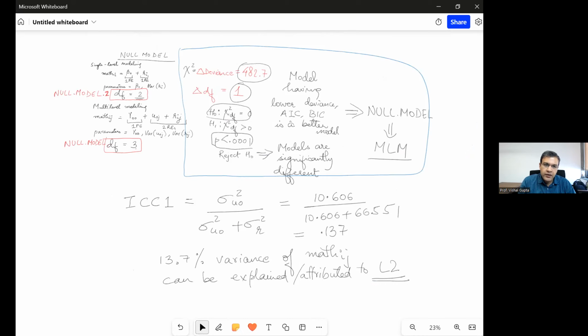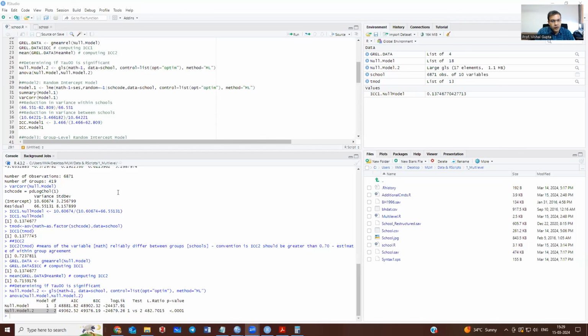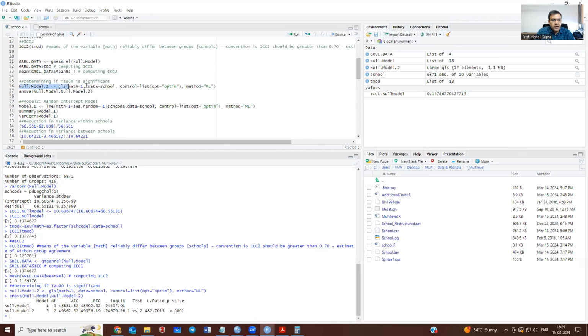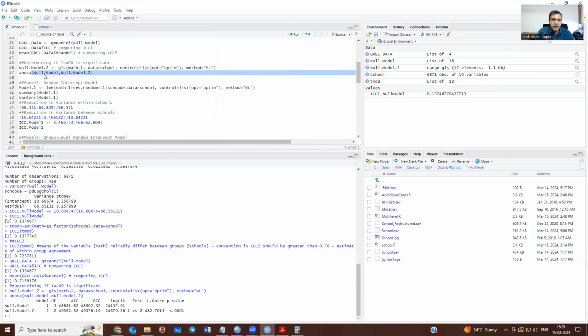Okay, so let us go back to our R script now. This is what we have done. We have computed our null.model.2. We have satisfied ourselves that doing multi-level modeling is important. Then we introduced the random intercept model, where we brought in SES, which we did yesterday. We brought in SES ij, an individual level predictor.